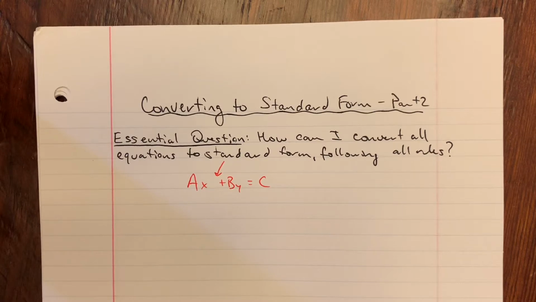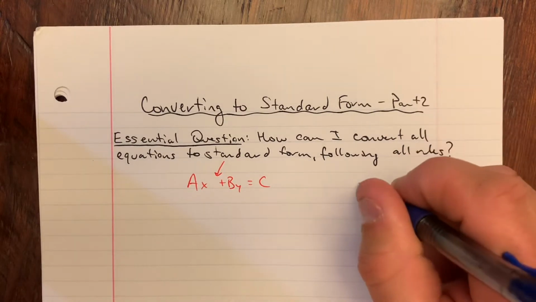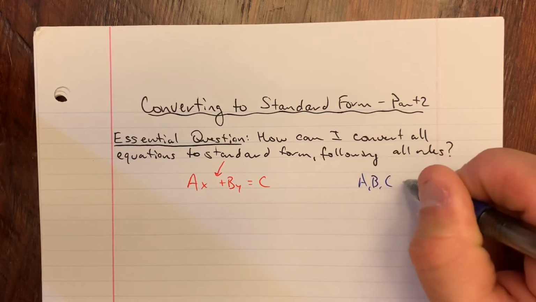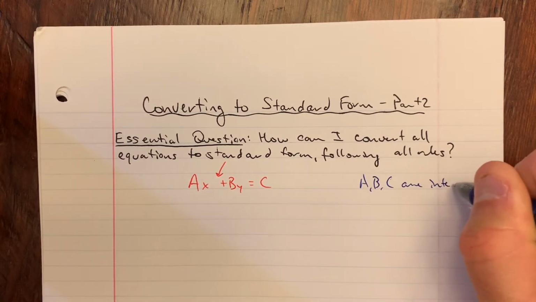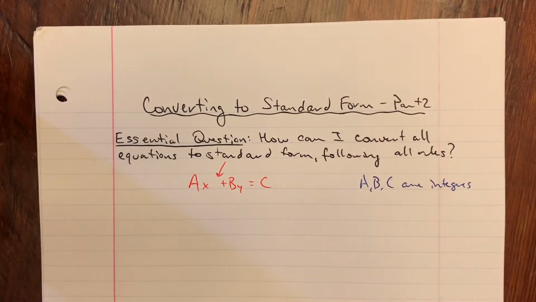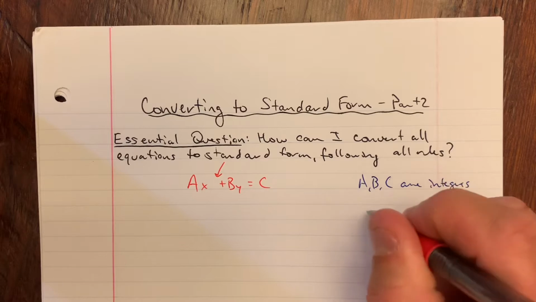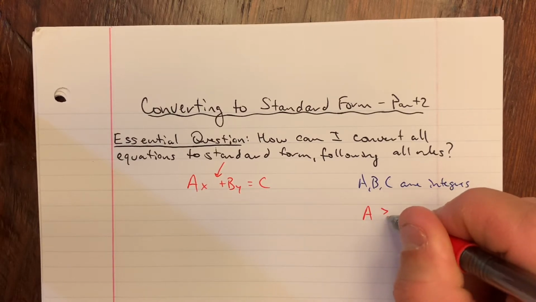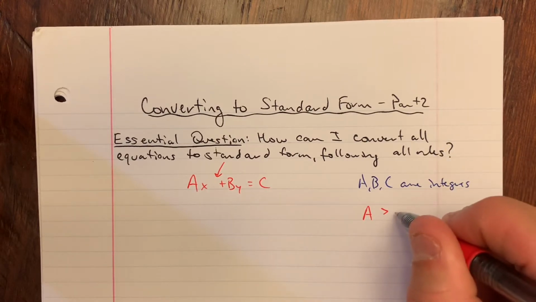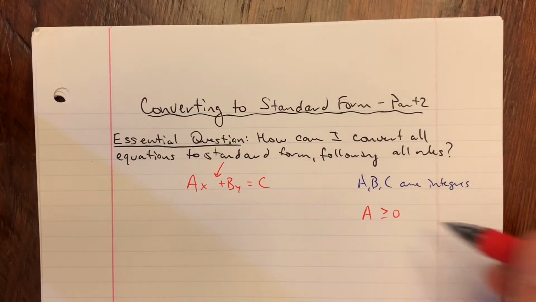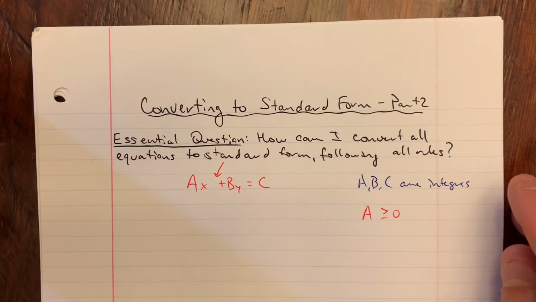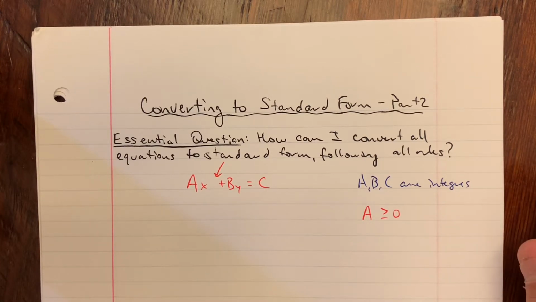And here are our rules. A, B, and C are integers, meaning they cannot be decimals or fractions. If they are, we're going to have to change some things to get rid of that. A has to be greater than or equal to 0, meaning it cannot be negative.